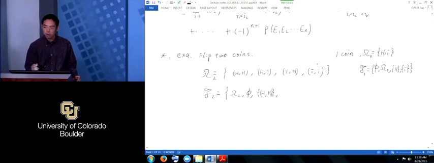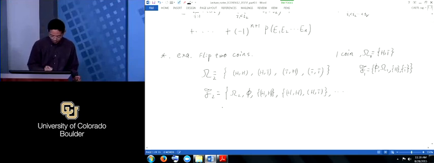Is that right? So this could be, so there are essentially all possible subsets of omega 2.